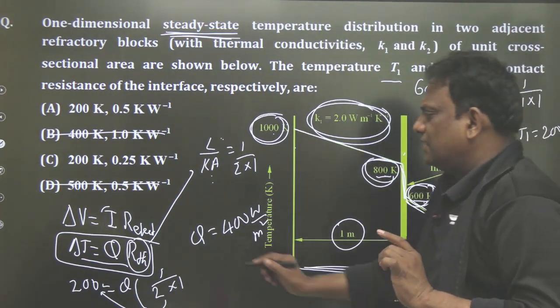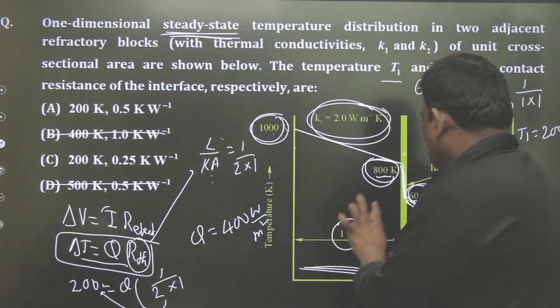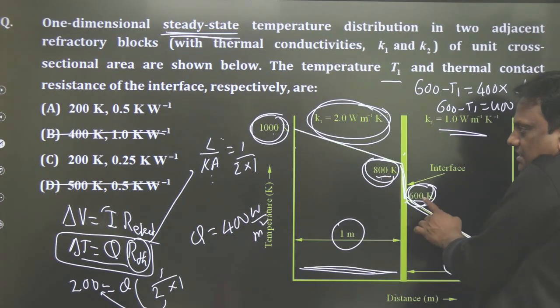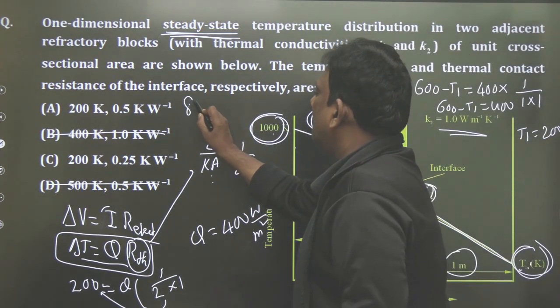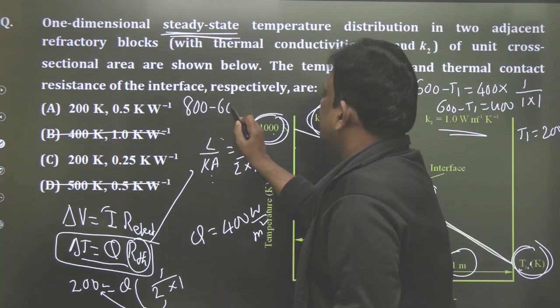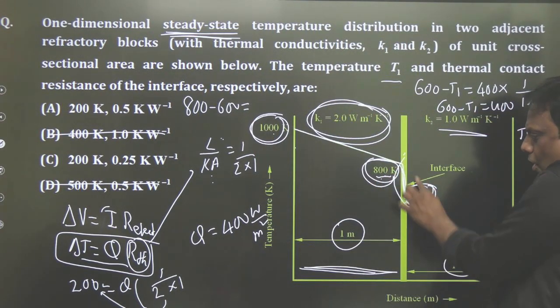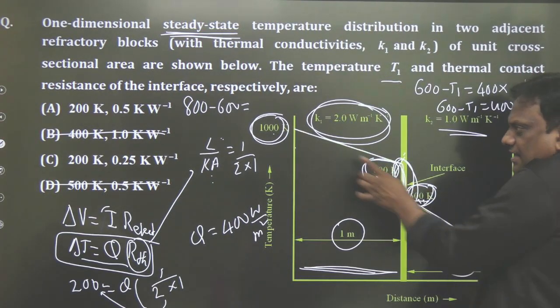So let me apply this equation. Delta T is Q into R. In this, I will calculate the resistance. I am applying between these two, delta T for this contact: 800 minus 600 is 200.